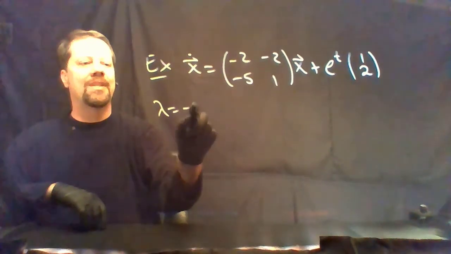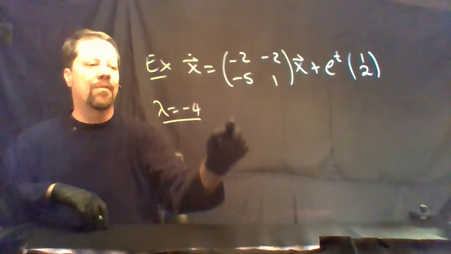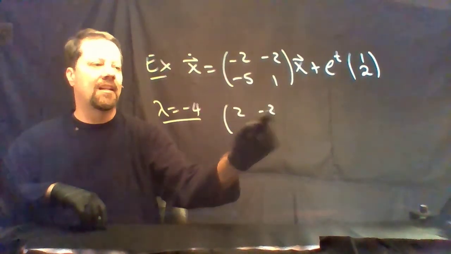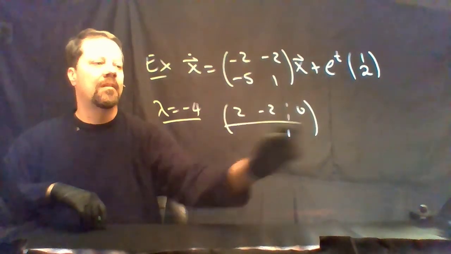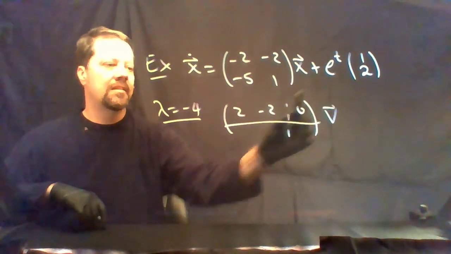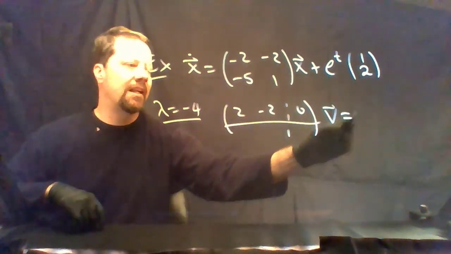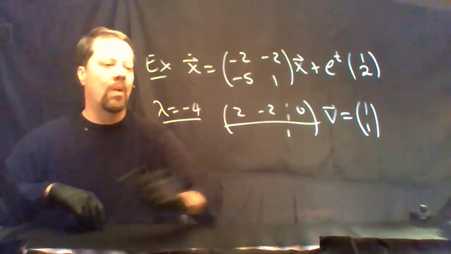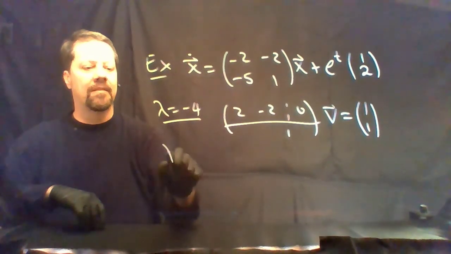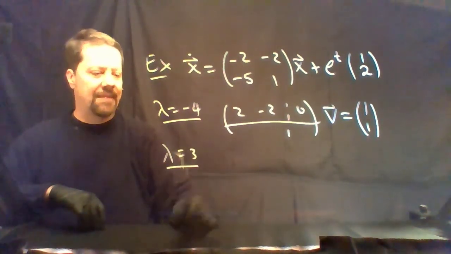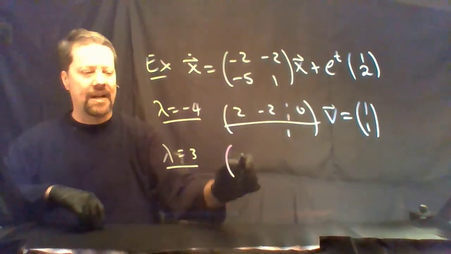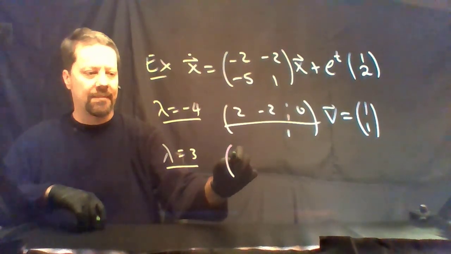For lambda equals negative 4, we add 4 to the diagonal elements. And since the coefficients here are the same but opposite signs, we get an eigenvector of 1, 1. For lambda equals 3, we subtract 3 from the diagonal elements.